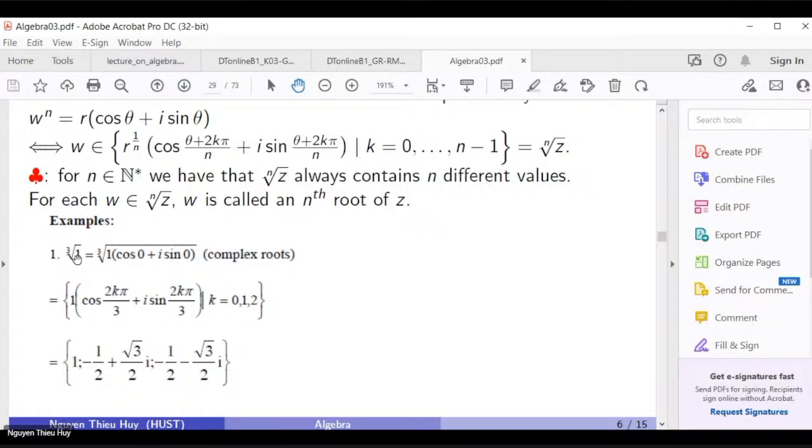If you take the third root of 1 and consider it as a real root, then it's only one value. But if you consider the complex root, then remember that whenever you take the nth root of a complex number as a complex root, this set always contains n different values.